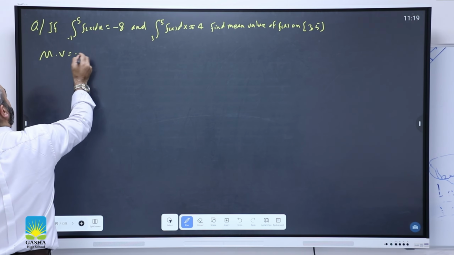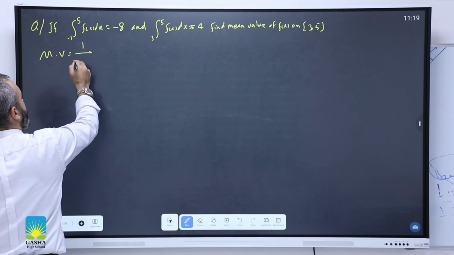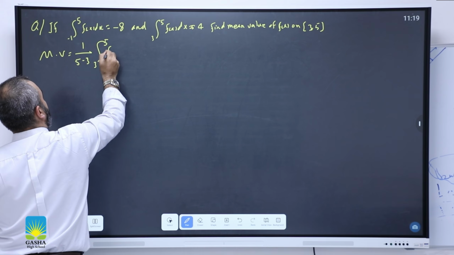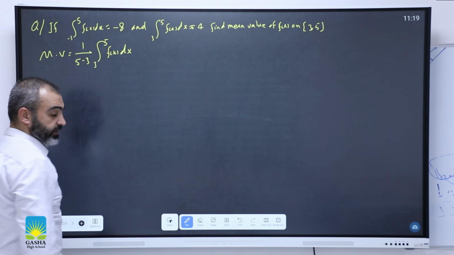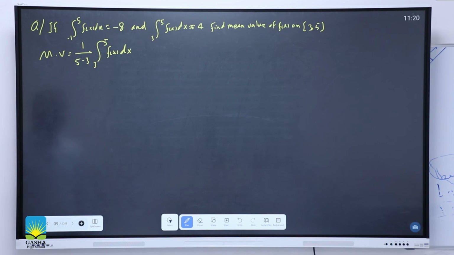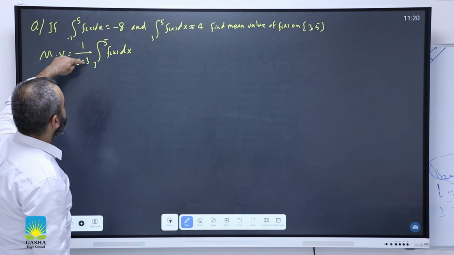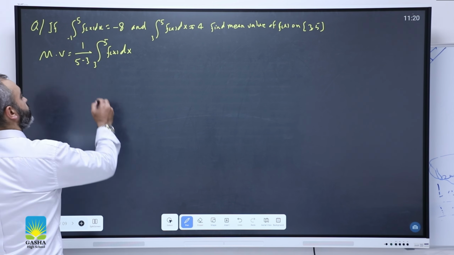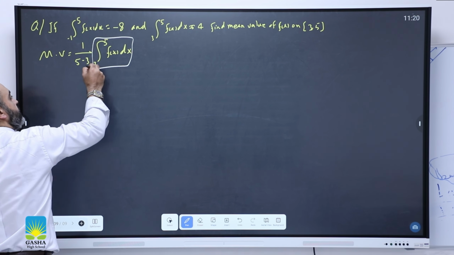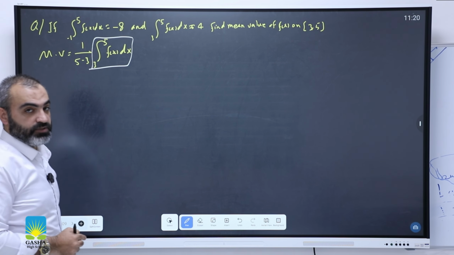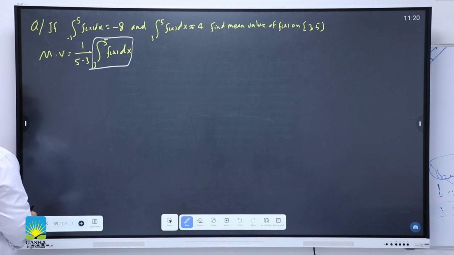Mean value equals 1 over 5 minus 3 times the integral from 3 to 5 of f of x dx, right? So the formula of mean value is 1 over b minus a, where this is b and this is a. First we calculate the integral 3 to 5 and we substitute here times 1 over 5 minus 3.